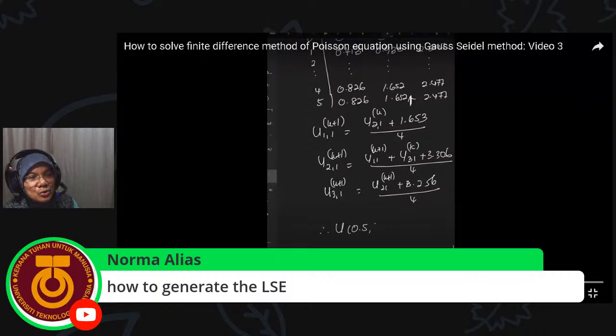So what is the impact from the 5-point discretization of the Poisson equation? You can reduce to 3 points because there is a real number at the corners, and bring the number to the right hand side. So you will get the parameters. What you want to find is u11, u21, u31.